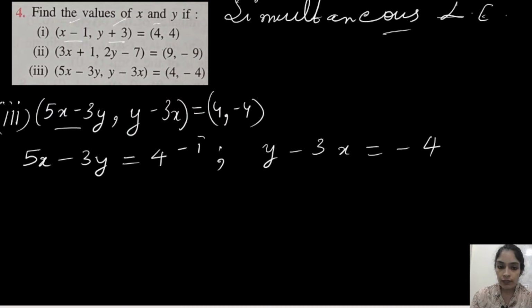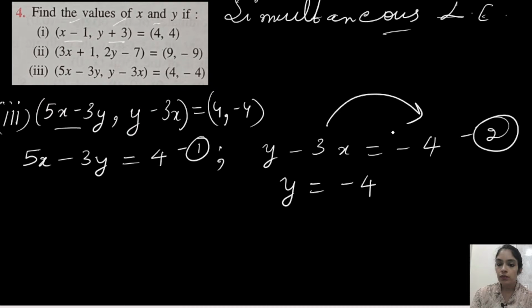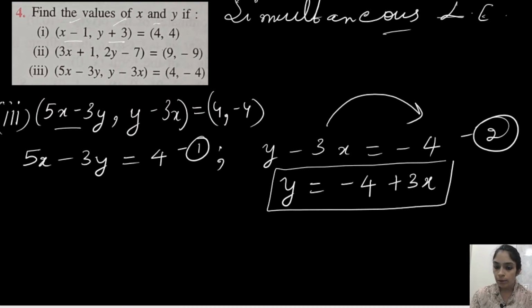So substitution I am going to do. See, this I will consider as the first equation, and this is the second equation. From the second equation I will find out the value of y. So y is equal to negative 4, and the 3x we will shift to the other side. When minus 3x shifts to the other side, it becomes plus 3x. So from the second equation I have found the value of y.